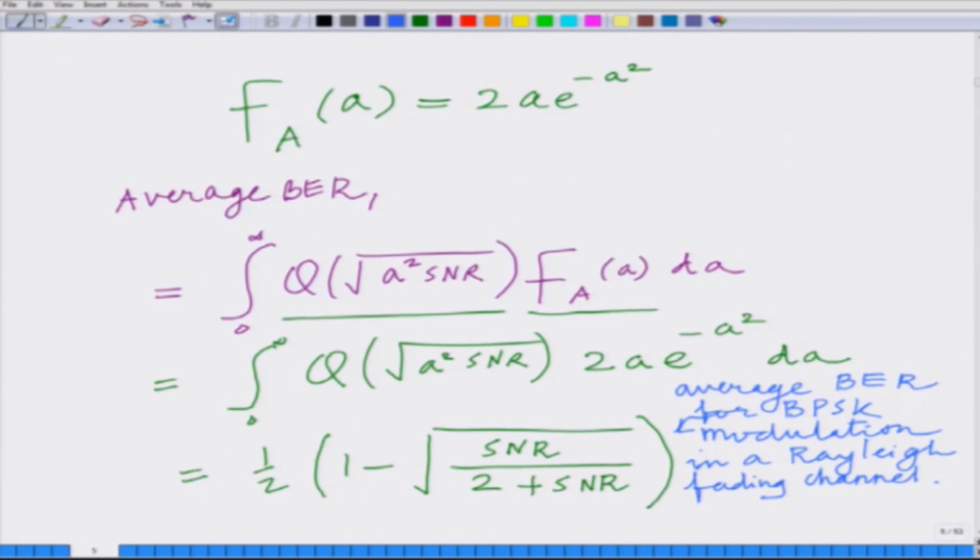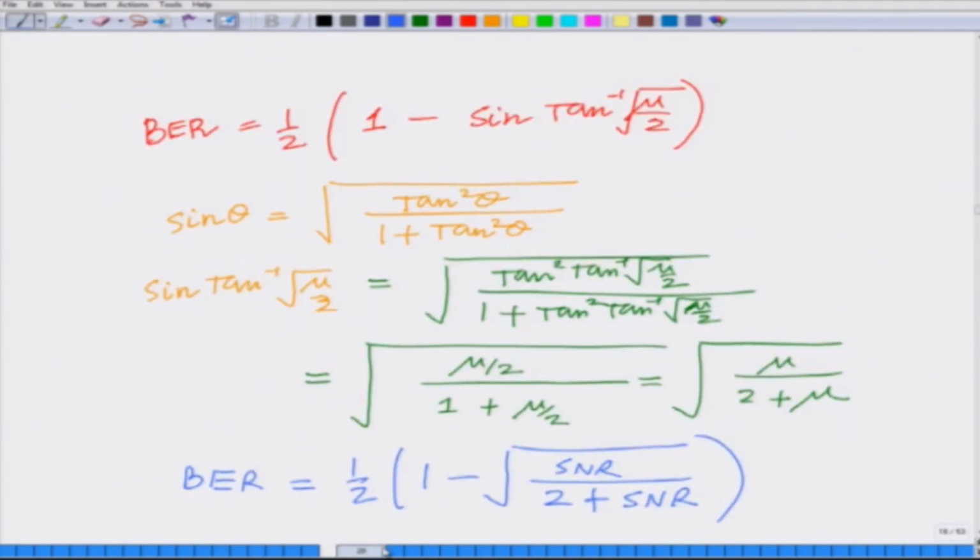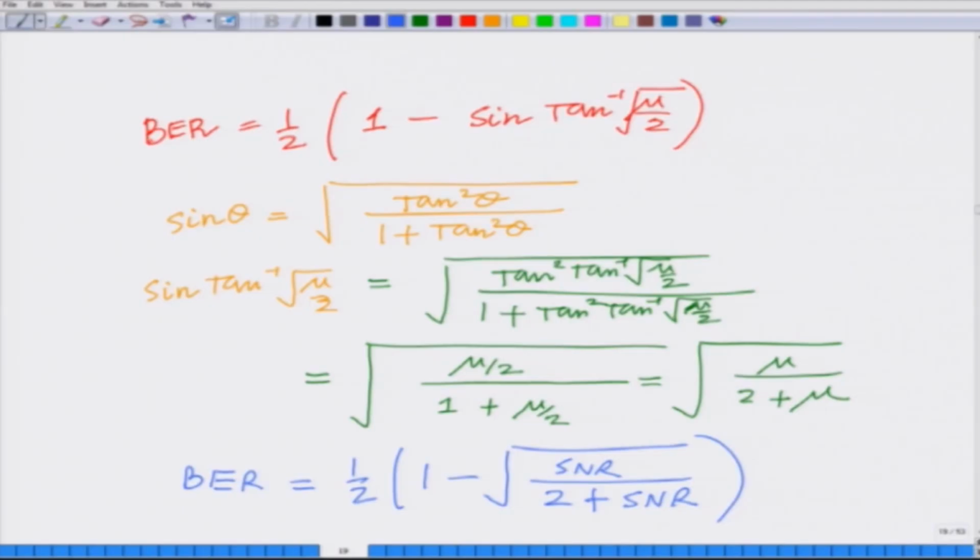Therefore, what we have done is we have evaluated this integral, we have gone through the detailed derivation of this bit error rate expression to derive the relation that the average bit error rate in a wireless communication system, which is average with respect to the distribution of the amplitude A of the fading channel coefficient, is given as half times 1 minus square root of SNR over 2 plus SNR.